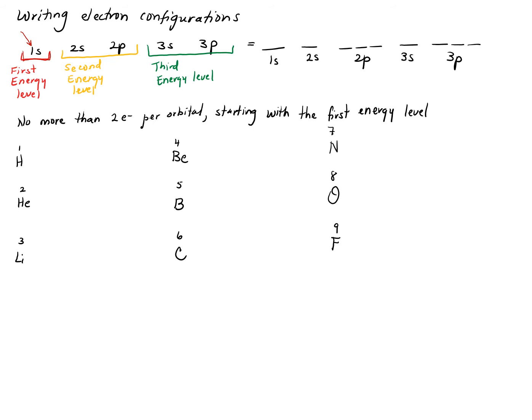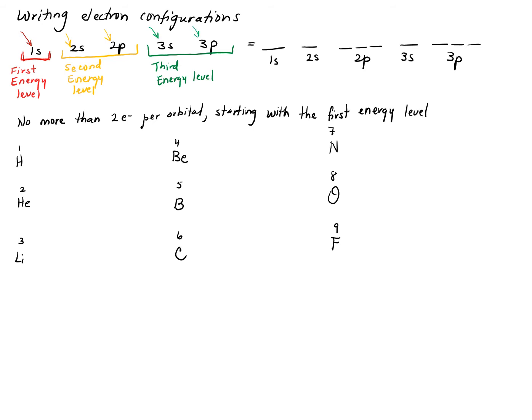Now we move to the second energy level. Second energy level is represented by that number 2. In the second energy level, we have s and p orbitals. And then finally, we move to the third energy level.